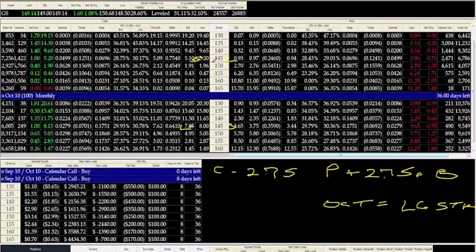In September, we're long the put and short the call, so we're short stock.